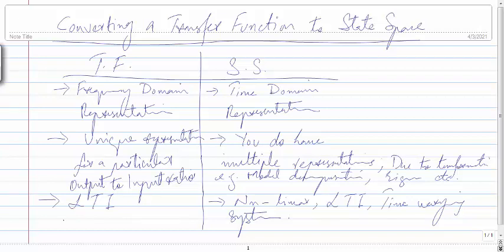This is known as classical control, and this is known as modern control. So state space is normally the modern control representation.